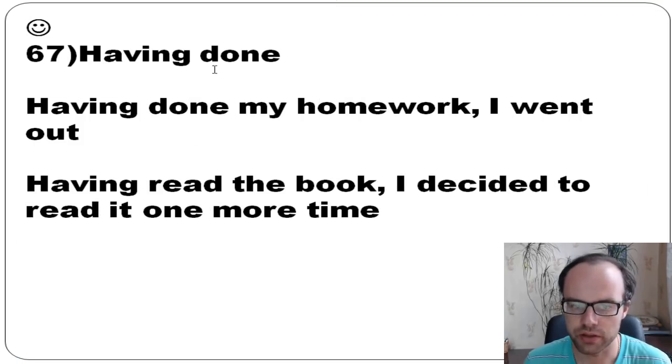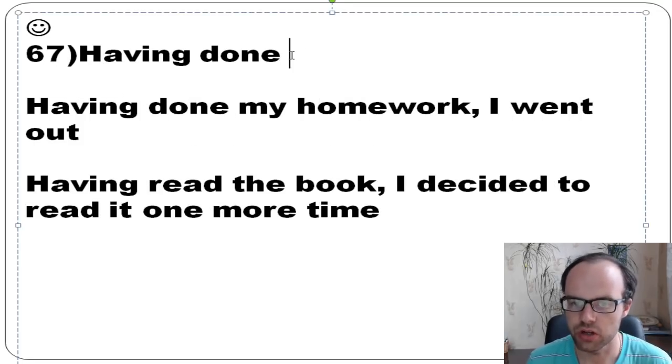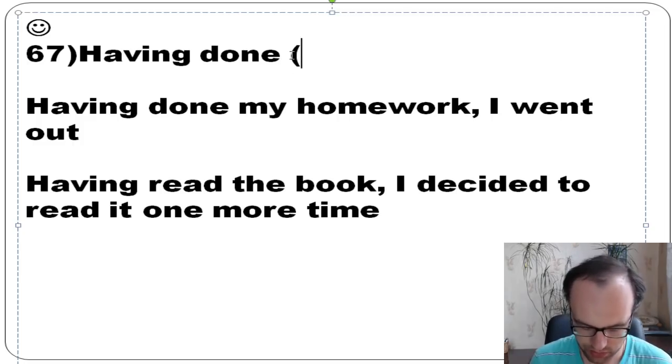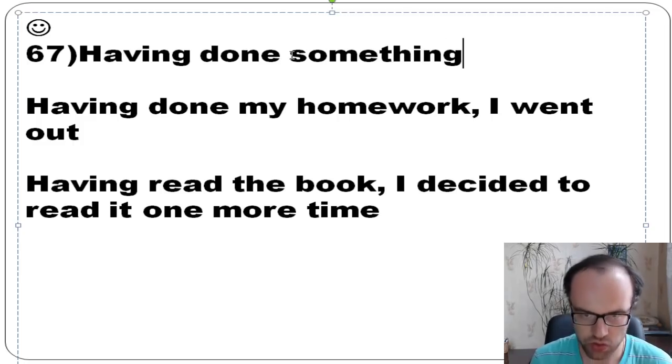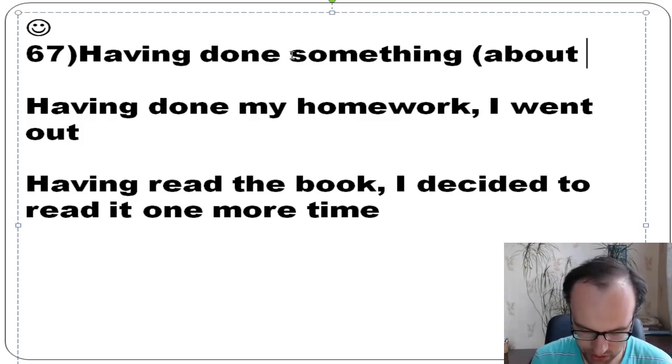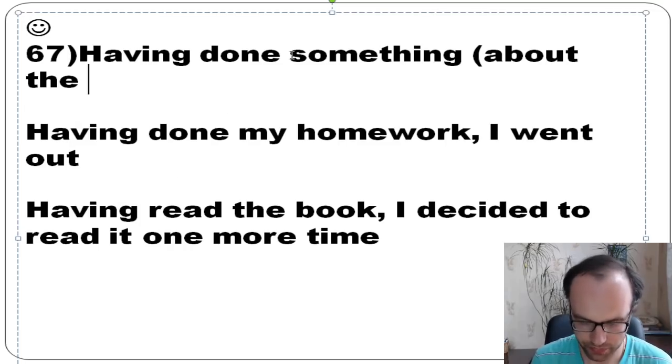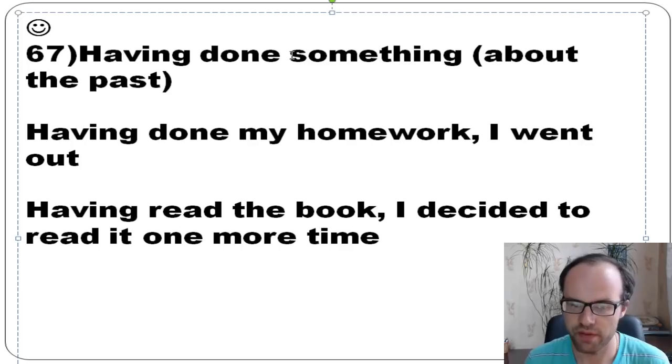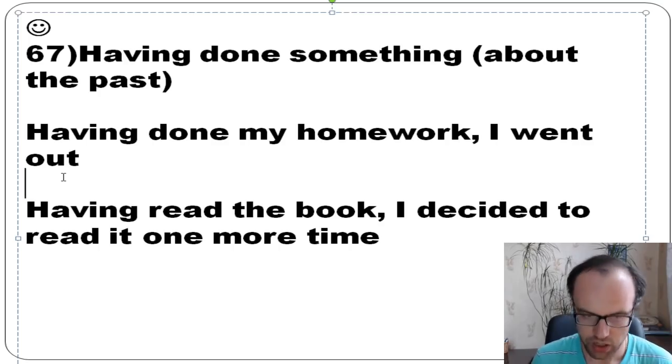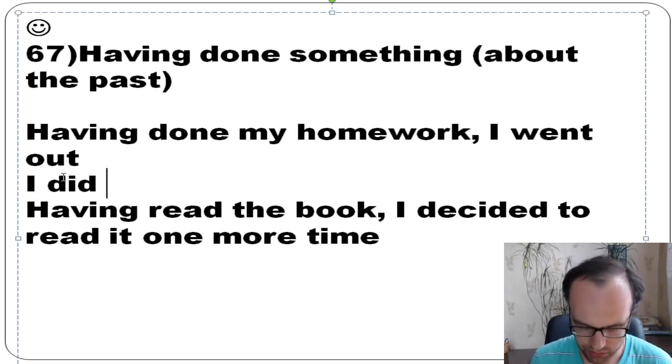Well, having done, it's the same structure, but about the past. Having done something, so it's about the past. Look, having done my homework, I went out. It means that I did my homework and then I went out.